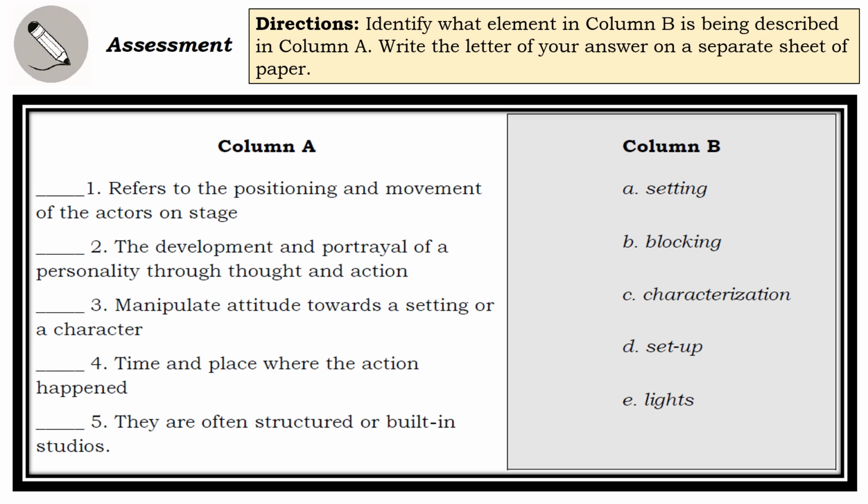Number 4, time and place where the action happened. And number 5, they are often structured or built in studios. For column B, A if it is setting, B if it is blocking, C if it is characterization, D if it is setup, and E if it is about lights.